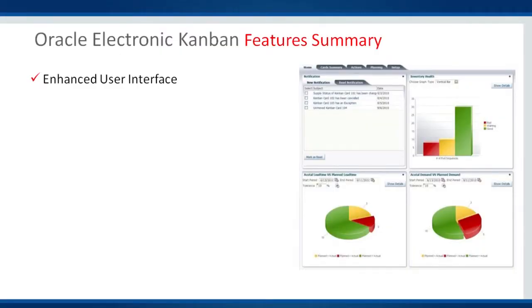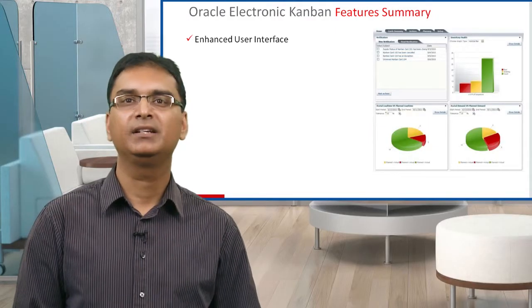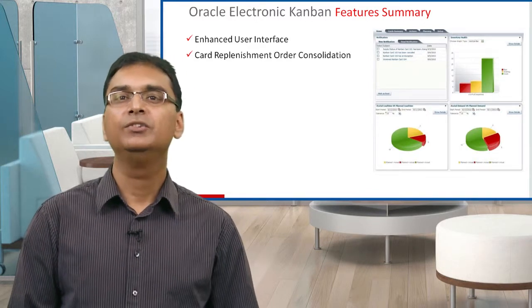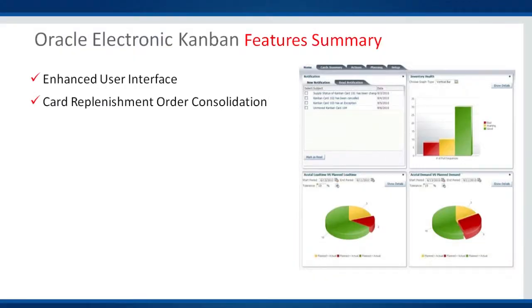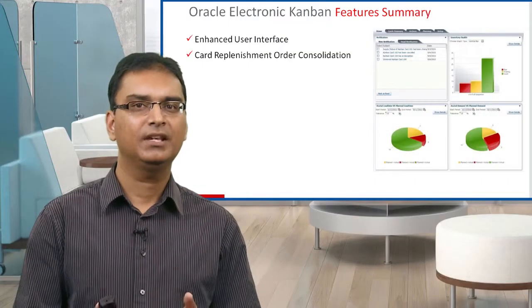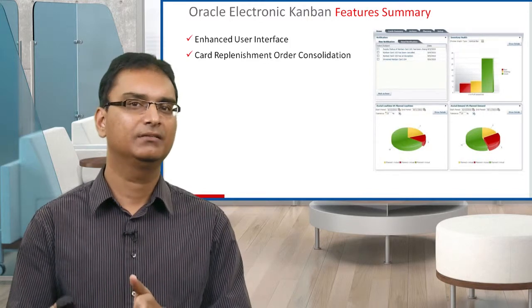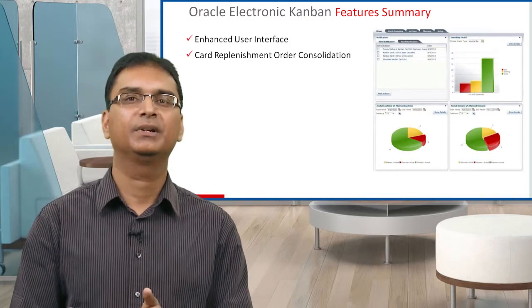One of the key things is it's rewritten in Oracle's ADF technology stack, so it's a completely redesigned user interface. And we do have new features like replenishment order consolidation. Say your supplier for a Kanban card would like to obtain purchase orders at a certain preset frequency.